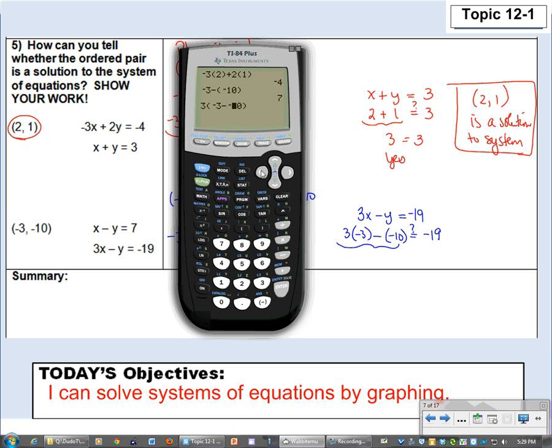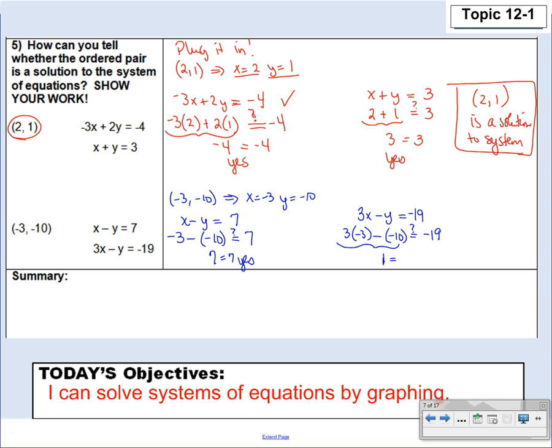I left off a couple of parentheses. There we go. The calculator is only as good as the user. And that comes out to be 1. So we get 1, and that does not equal negative 19.